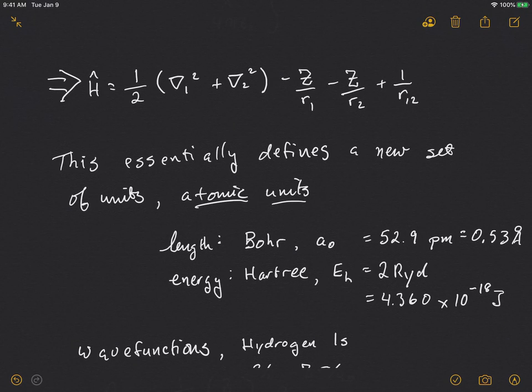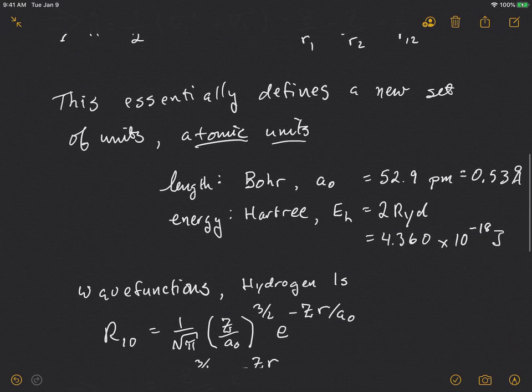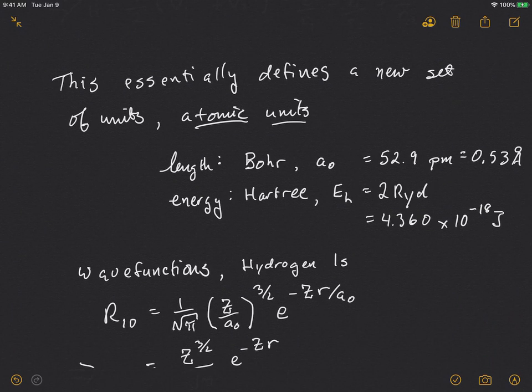So what happens when we replace our regular units with these atomic units? Not only does it simplify the Hamiltonian as we showed above, but your wave functions end up looking simpler. For instance, in conventional units, the hydrogen 1s wave function has R10, the radial portion, equal to 1 over square root of pi, times z over a0 to the 3/2 power, times the exponential part, e to the minus zr over a0.